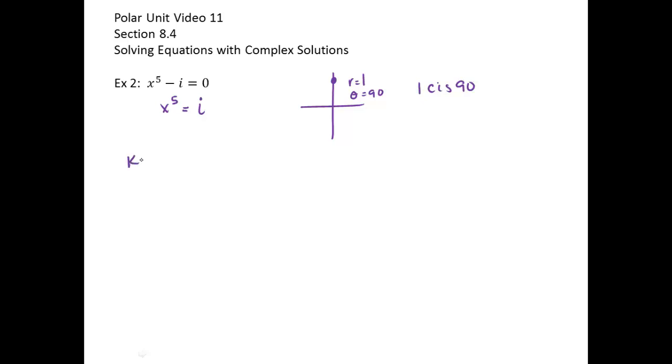But then I'm going to consider k equals 0, 1, 2, 3, and 4. That gives me my 5 solutions that when raised to the fifth power will simply reduce to just i, or just 1 cis 90.